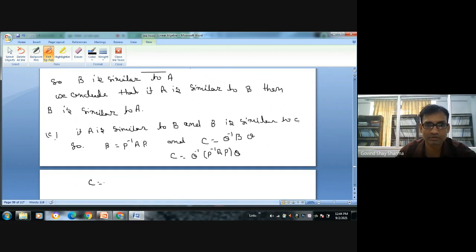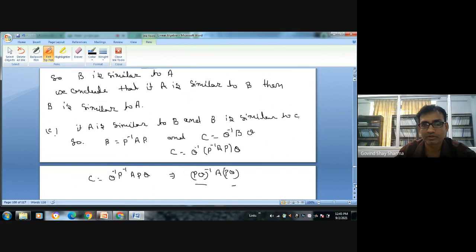So C is equal to QP, or we can say that PQ inverse, and the product of two matrix. Product of two matrix is also a matrix.